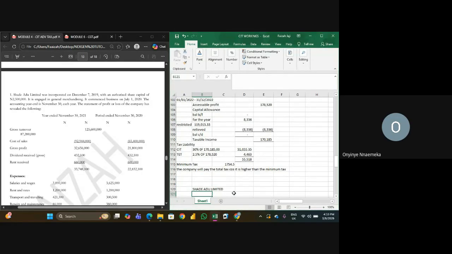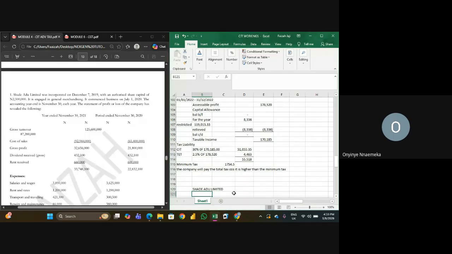Shadi was incorporated on December 7, 2019 with an authorized share capital of 2.5 million. It is engaged in general merchandise and commenced operation on July 1st, 2020. The accounting year end is November 30 every year, so you can note that.